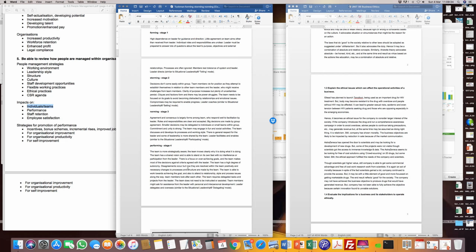There are very few disagreements at this stage, because they understand their role and how it contributes to the overall objective of the team for which they've been put together. And here they are able to have that rapport of working together, that, okay, I will complete this task from this stage to this stage, and I will then give it to you, and then you will take it forward to bring it to completion.